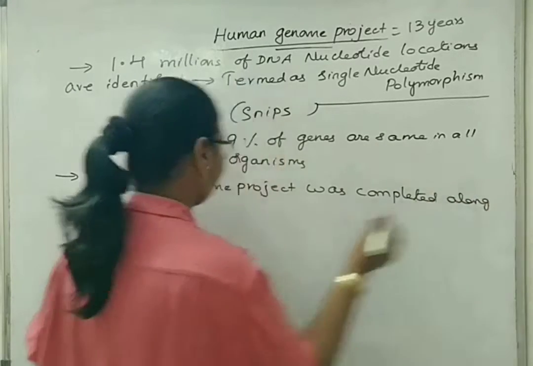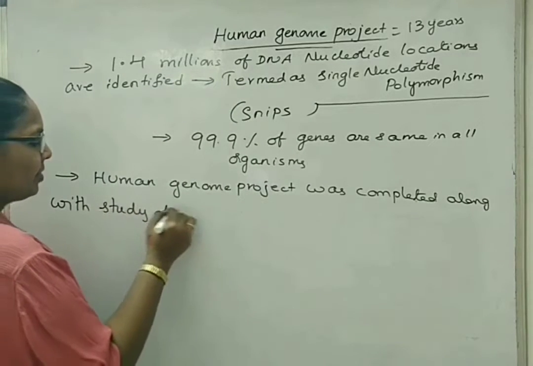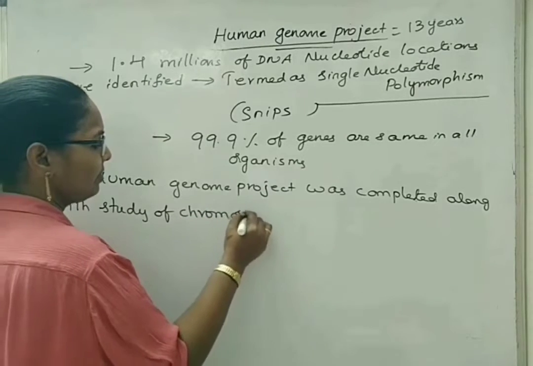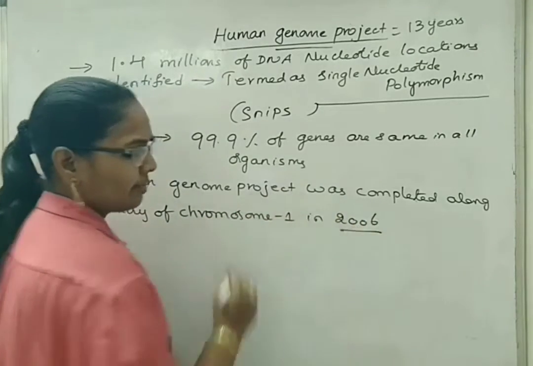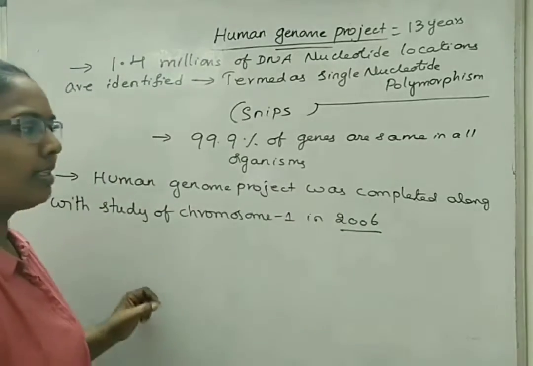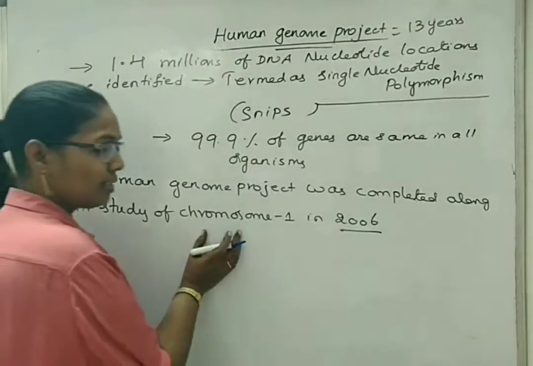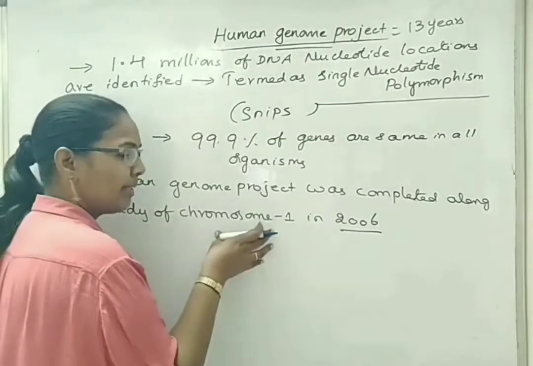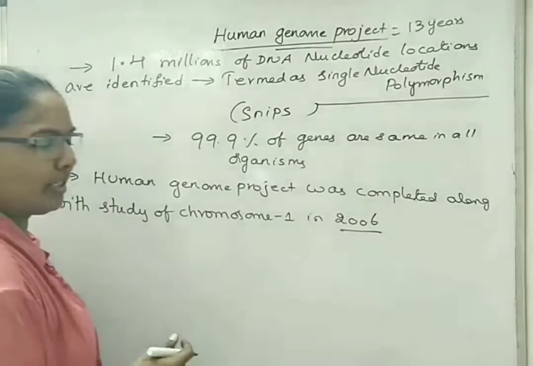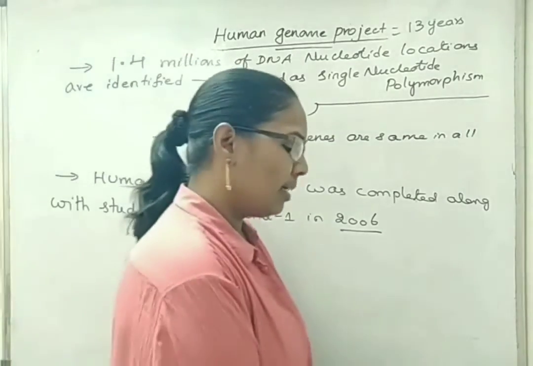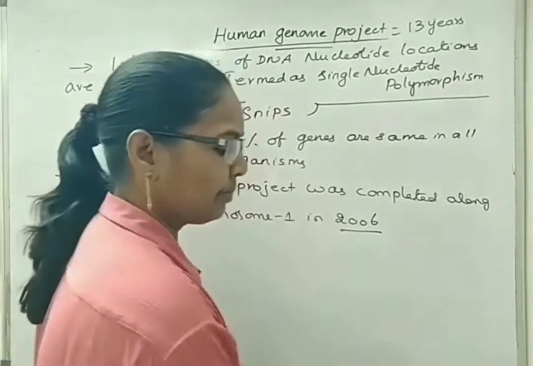Means totally it took 16 years. Chromosome 1's complete successful study was done between 2003 and 2006. Before that also the studies were done, but the complete gene sequence was not clearly obtained.